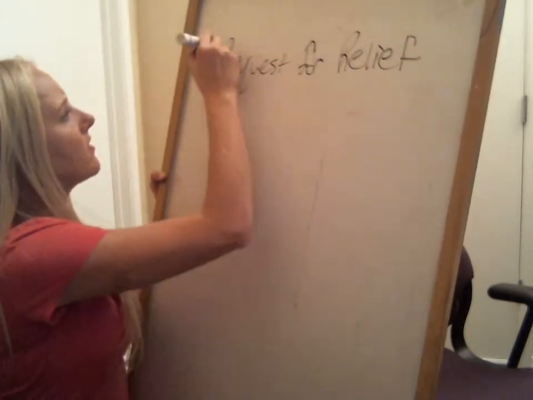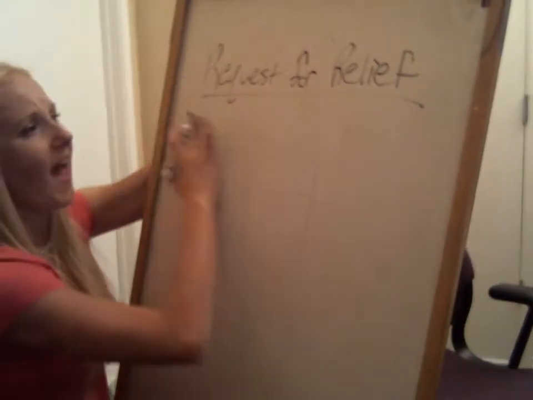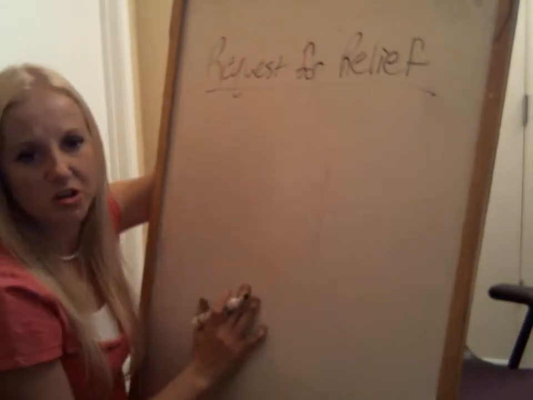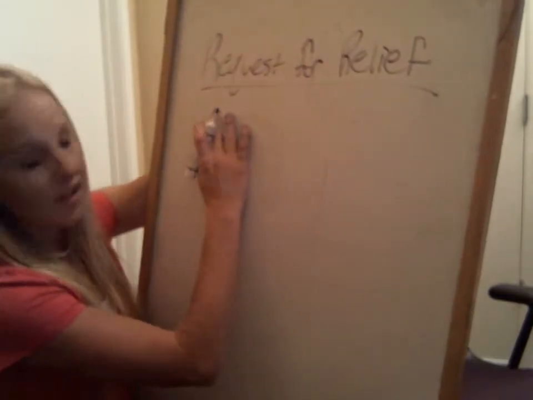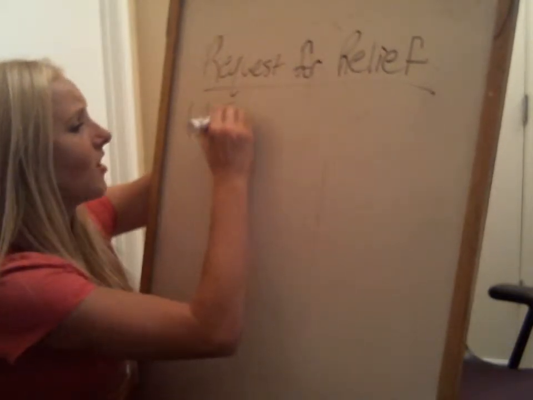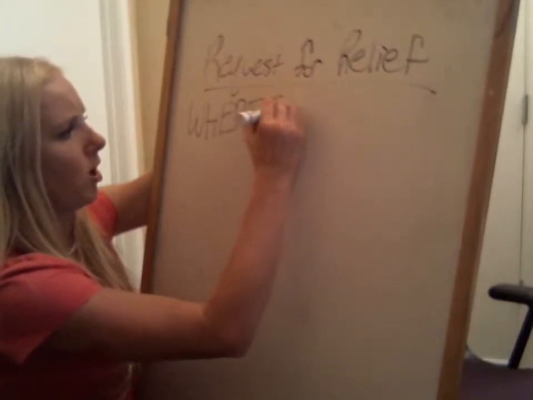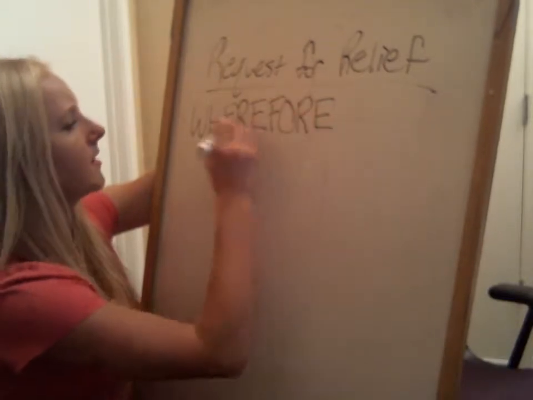So in your request for relief, you want to break them all down into sections when you're going through your complaint. In your request for relief, you're going to always start this with wherefore. And it's usually in all capital letters. Wherefore, this is drawing a lot of attention. This is your legalese right here.